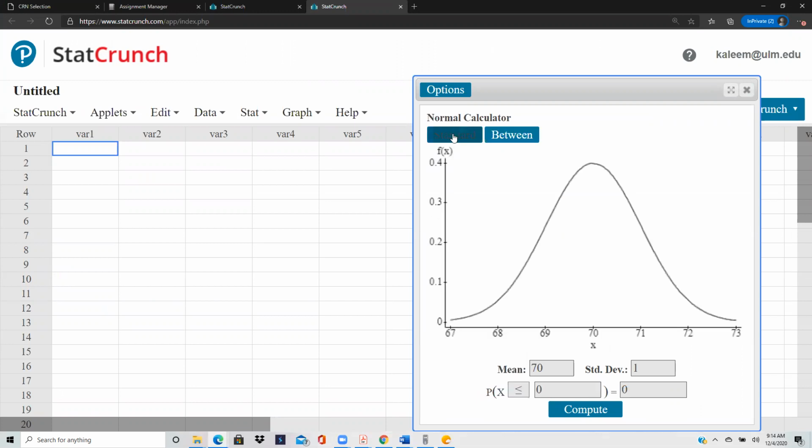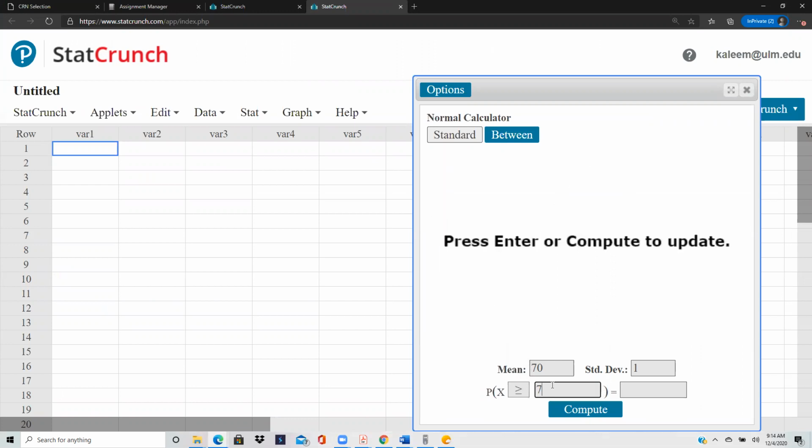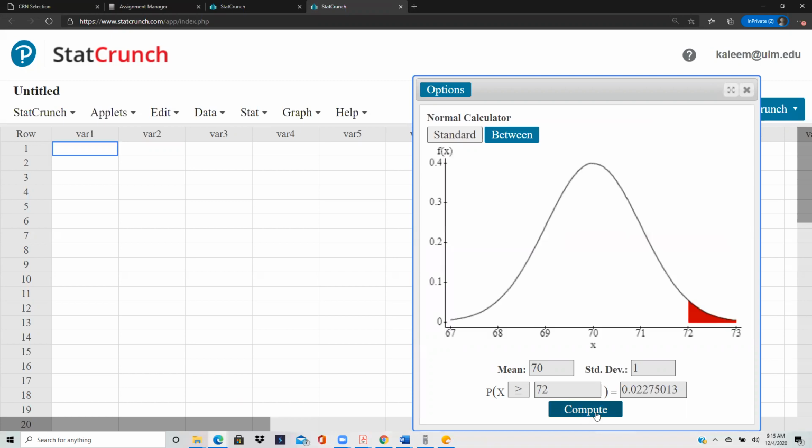Go to standard, greater than 72. And as we've been repeatedly saying, in normal distribution or any continuous distribution, it doesn't matter whether you are talking greater than or equal to, it's the same thing. Right. 0.0228.